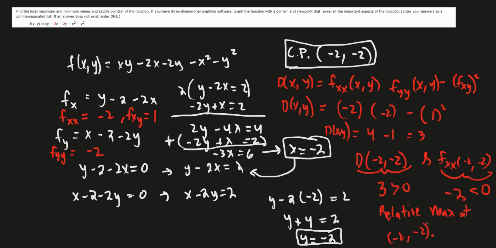But we don't know the value of the relative max just yet. It's not too hard to find. Just plug it in. So it's going to be f of negative 2, negative 2. So negative 2 times negative 2, minus 2 times negative 2, minus 2 times negative 2, minus negative 2 squared, minus negative 2 squared. It's a lot of negative 2's.